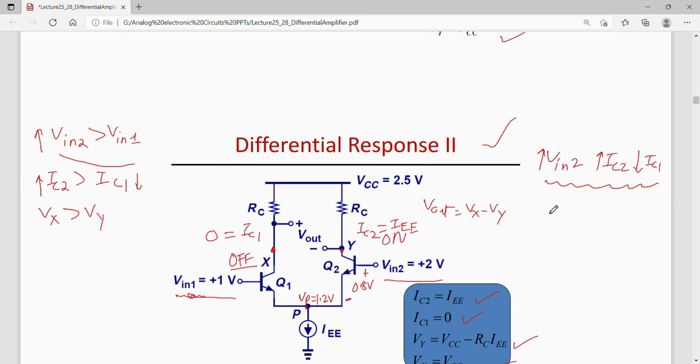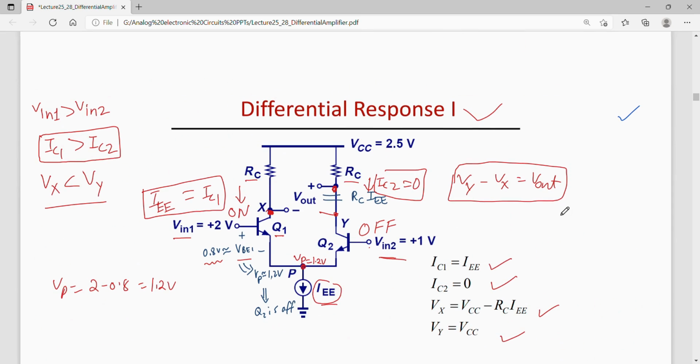Or I can also write from this response, V in 1 was greater, so IC1 was greater. So when V in 1 increases, IC1 increases and IC2 decreases.